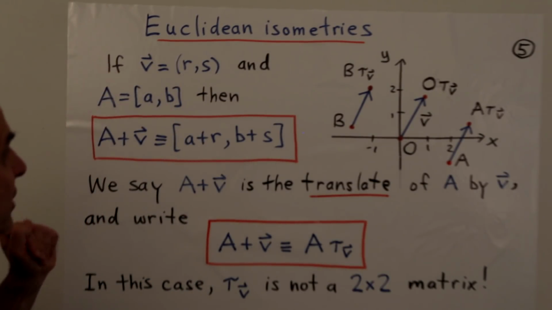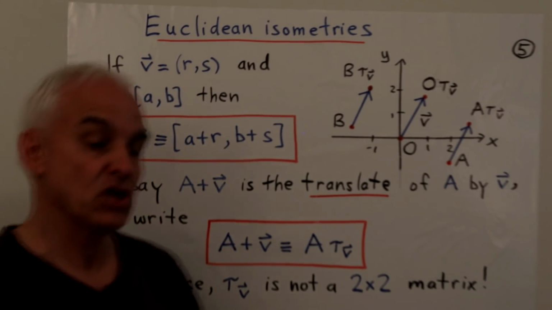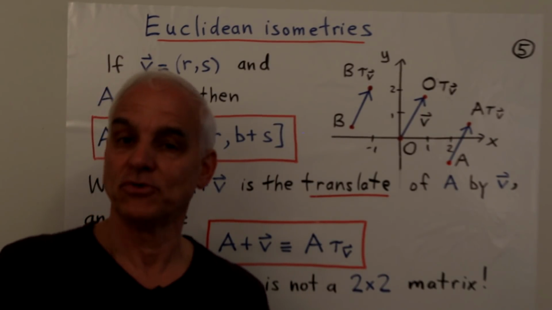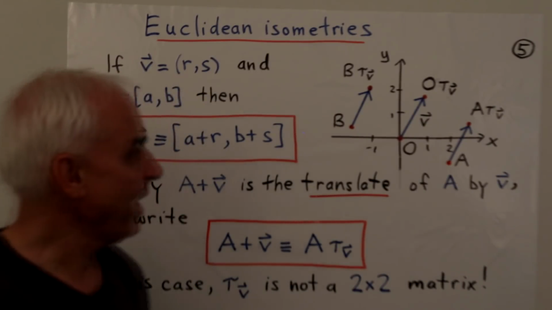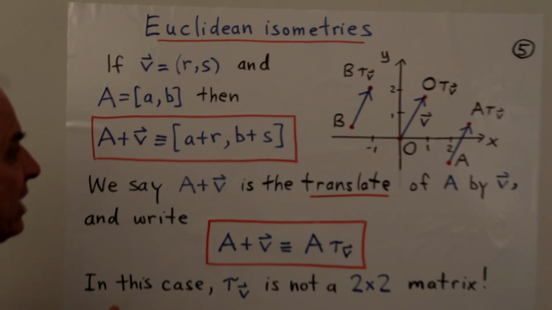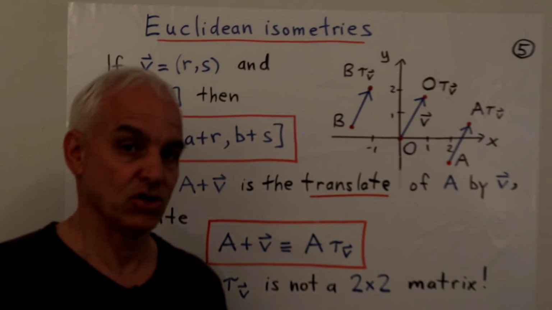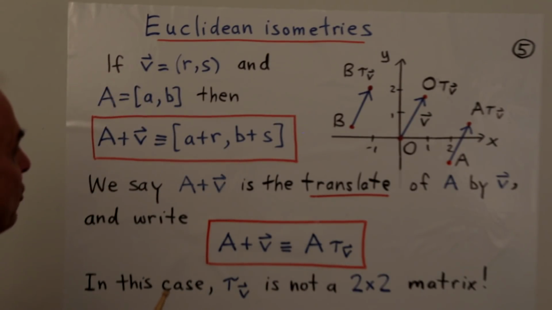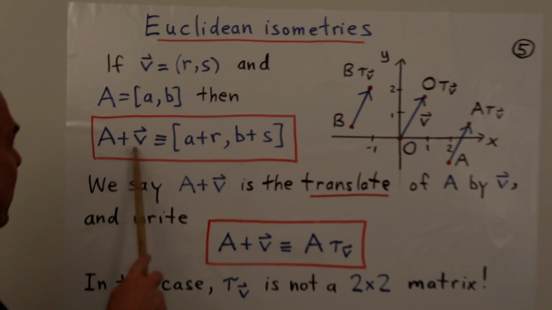So it turns out that what we have to do in addition to the reflections and rotations is not all that much. We have to introduce translations. And that's relatively easy because translations are really just determined by vectors in a very simple way. So let's remind you of a particular notation that I like.